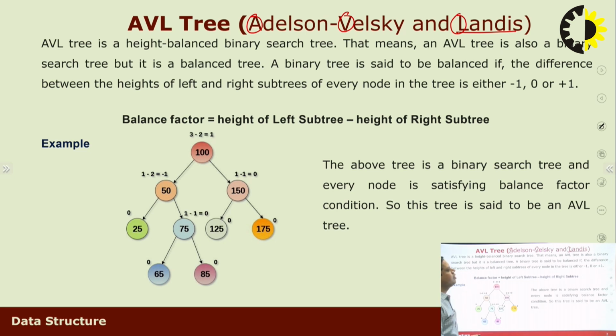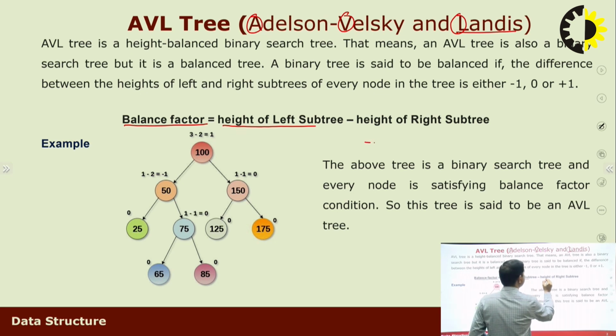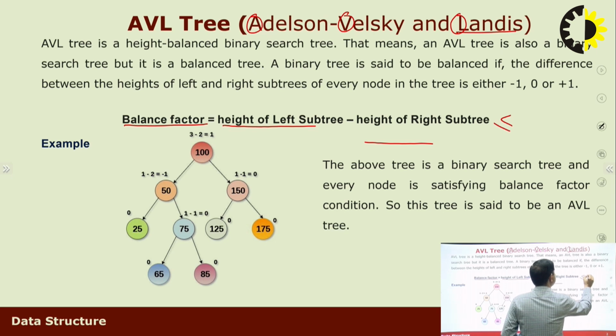Then what is the meaning of balancing factor? According to balancing factor, in an AVL tree, at each node, the height of left subtree minus the height of right subtree should be less than or equal to 1 in absolute value.